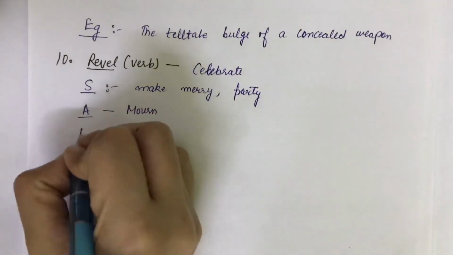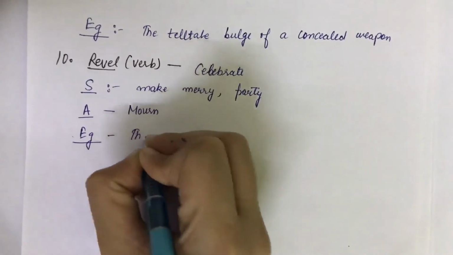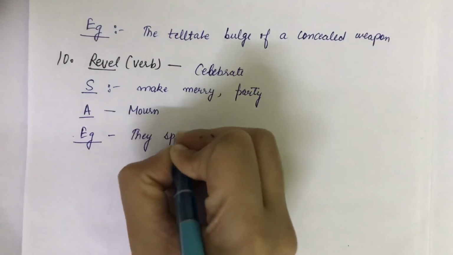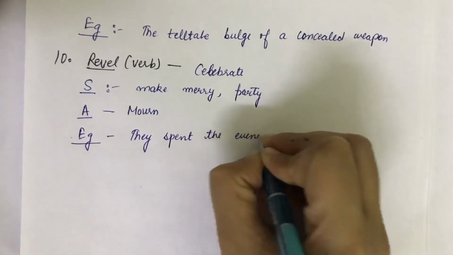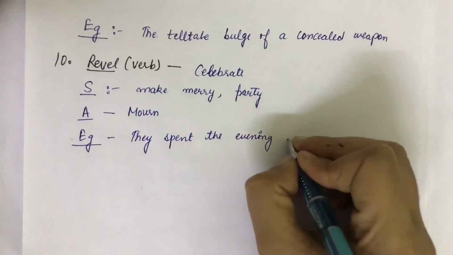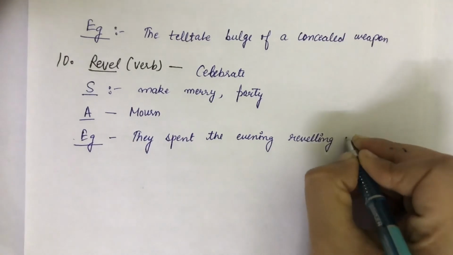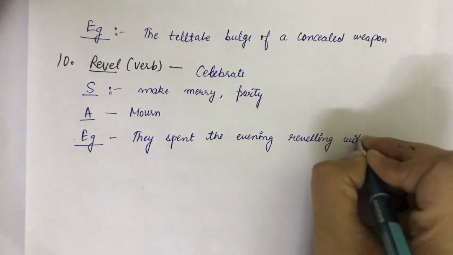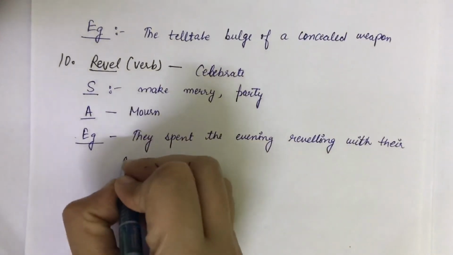Talking about the example in the form of a sentence: they spent the evening reveling with their guests.